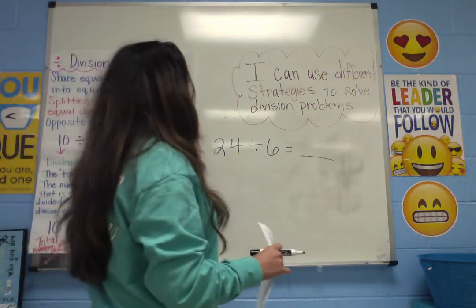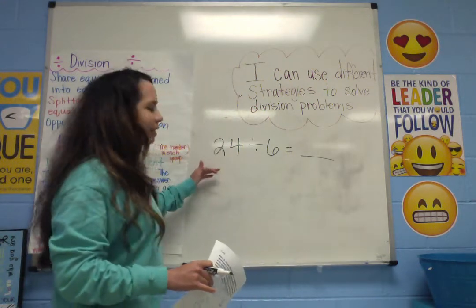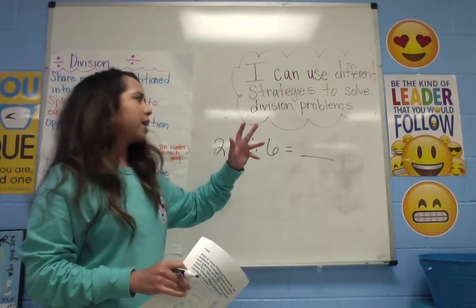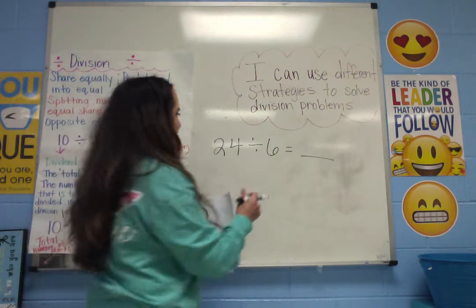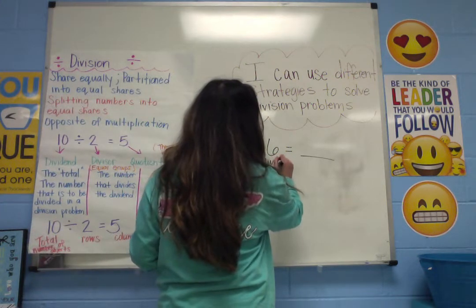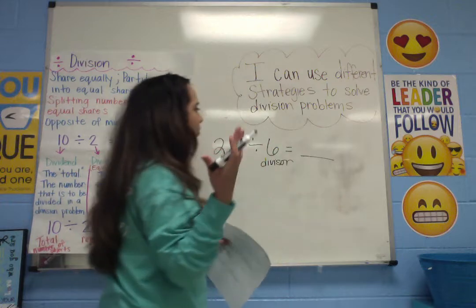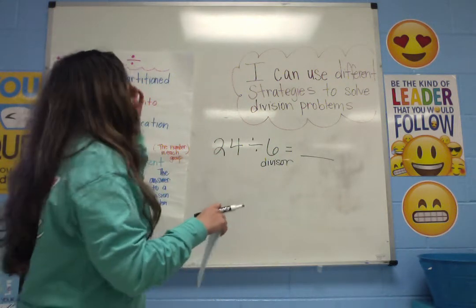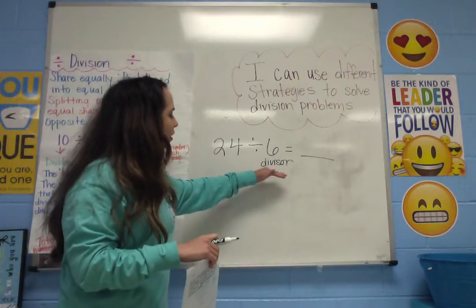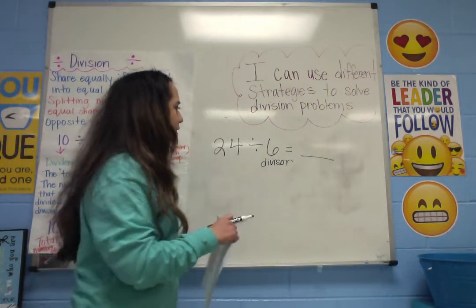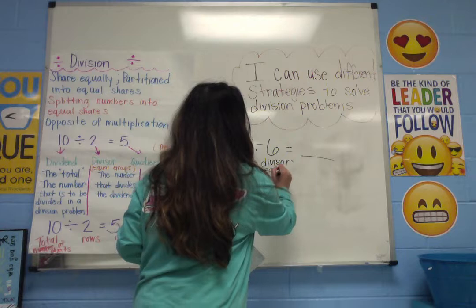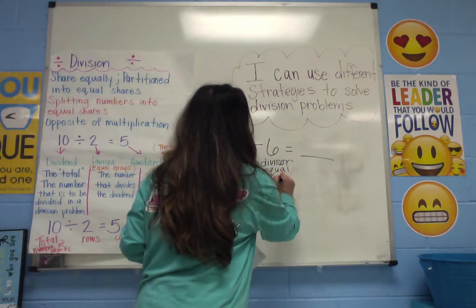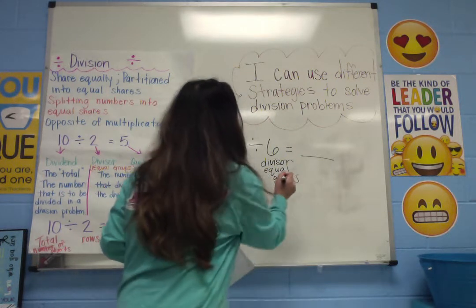All right, so we know 24 represents the dividend, the total amount. 6 represents the divisor, and then obviously we're trying to solve for the quotient. Now, equal groups. So here, this divisor can represent our equal groups. So I'm going to draw 6 equal groups.